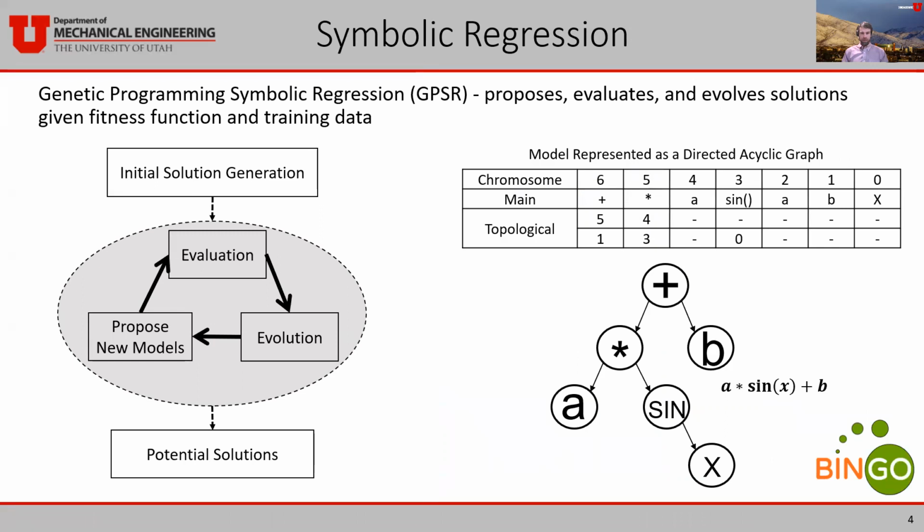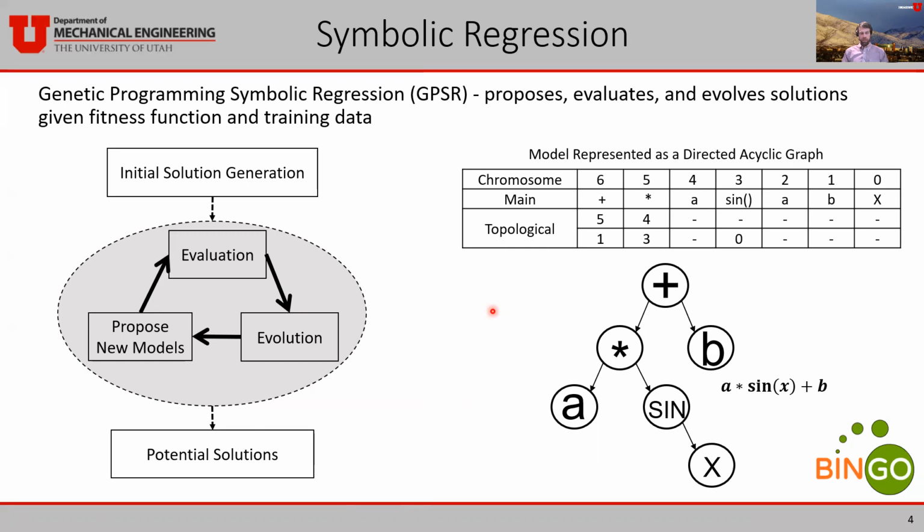The GPSR algorithm is based on a natural selection process in which the algorithm iteratively proposes, evaluates, and retains only the best solutions for the next iteration. Within the context of GPSR, a solution is an equation, and those are represented as directed acyclic graphs. Essentially, that provides a computer-readable hierarchical format that the algorithm can evaluate.